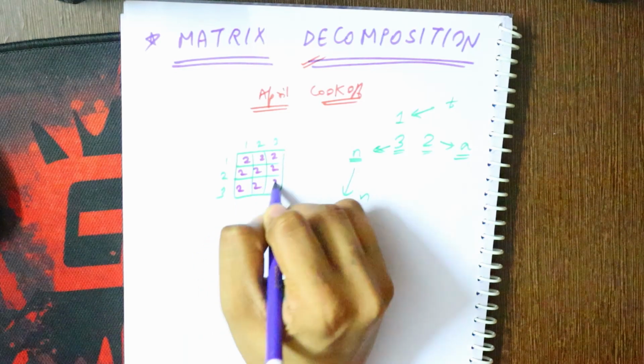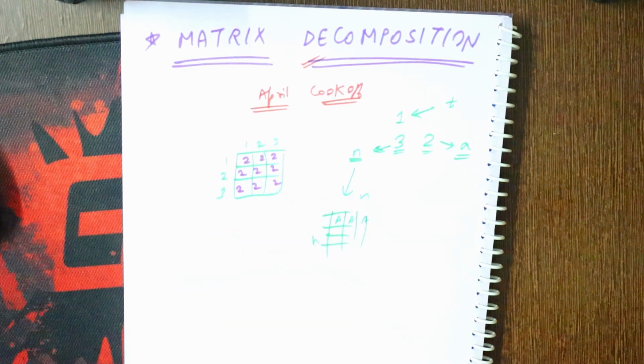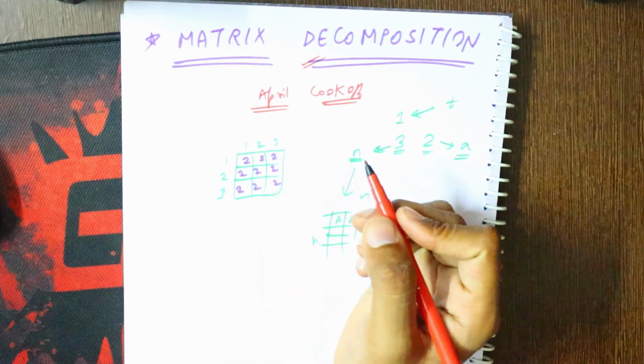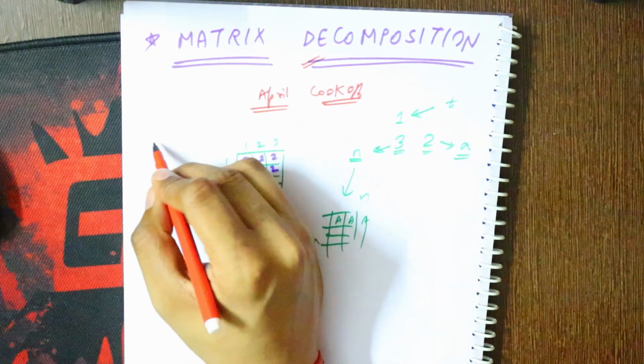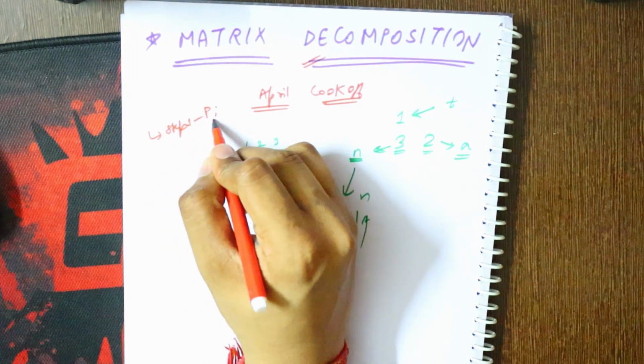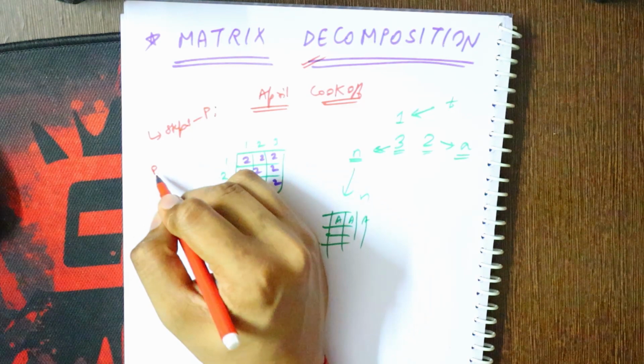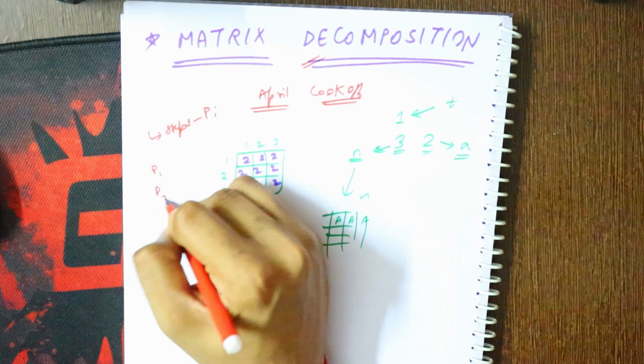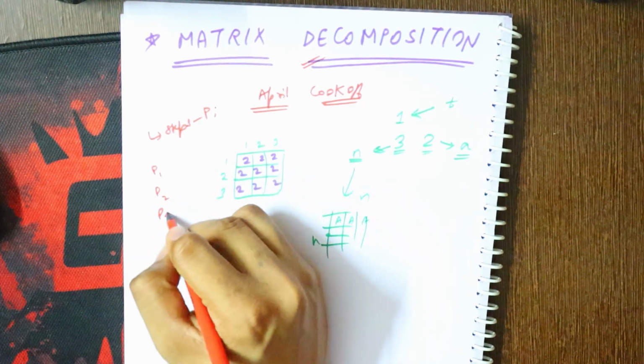Then in the problem statement it is stated that for every step, I am using the word Pi. Means for the first step it is P1, for the next step it is P2, for the next step it is P3.